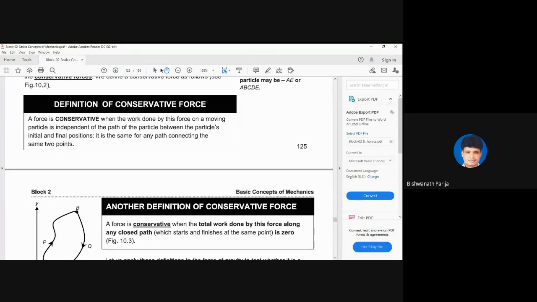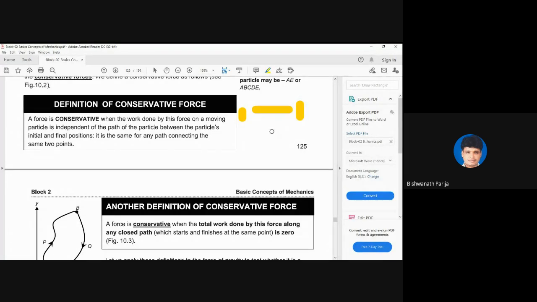Everyone clear? Very good. Suppose this is your initial point and this is your final point.